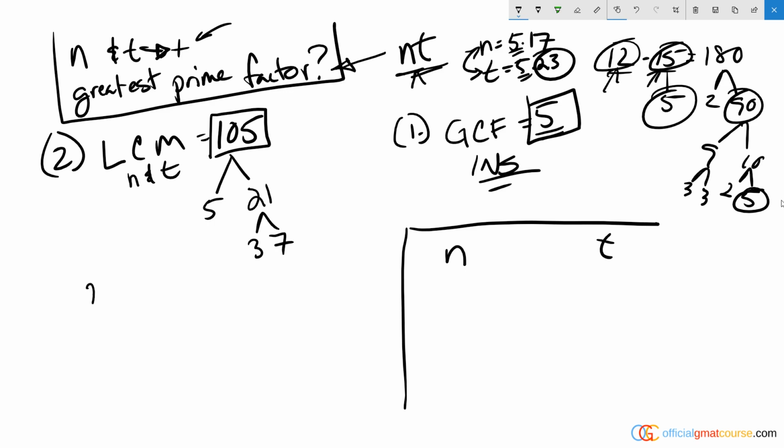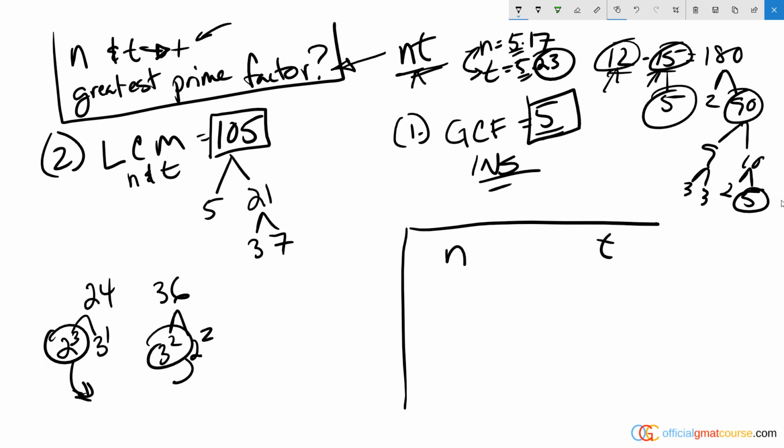If we did 24 and 36, the least common multiple of these two numbers would be, let's just break this down real quick, 2 cubed times 3 to the 1 is 24, and 3 squared times 2 squared is 36. The least common multiple is going to be 2 cubed times 3 squared.